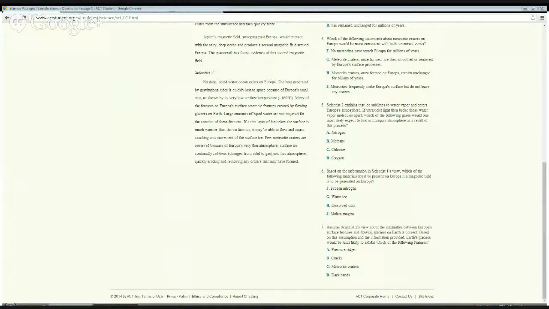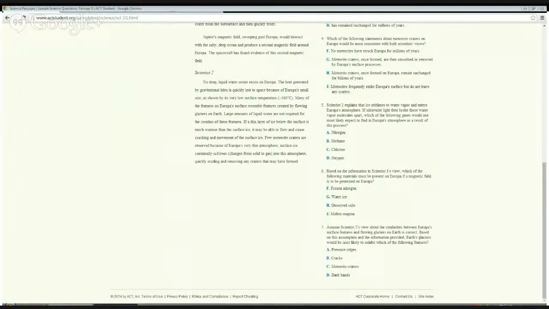So now we're looking at Scientist 2, and we are assuming that he or she is correct in what they believe. Meteorite craters would be our answer.